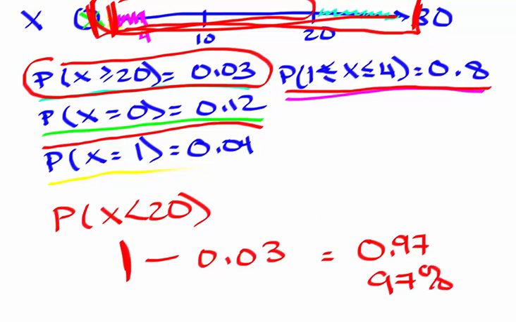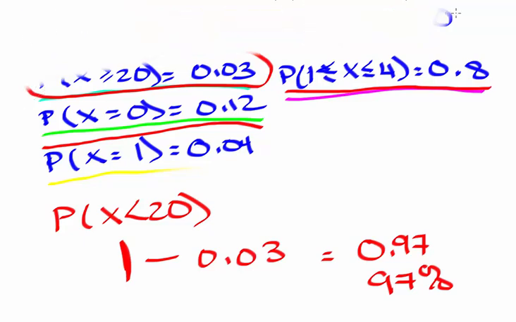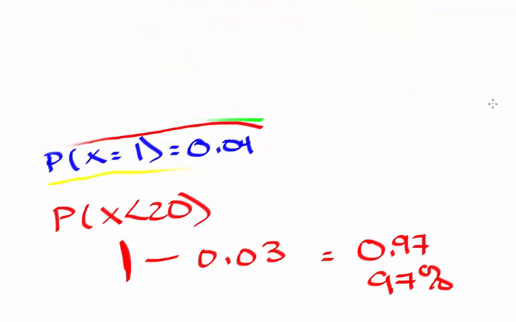So now let's do an example for a continuous random variable. Let's say that this random variable is the time over, if a flight is late, how late it is. So it's the time past when it was due.